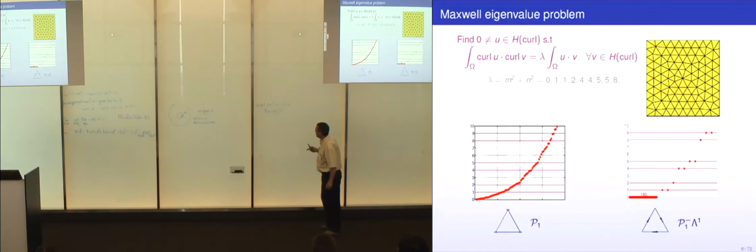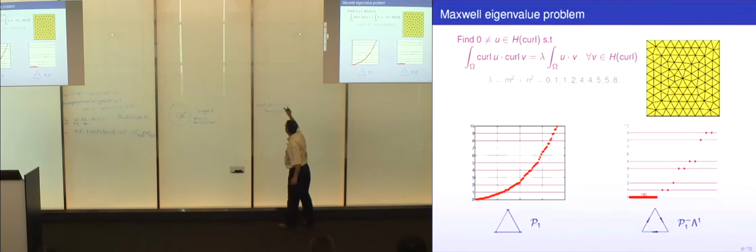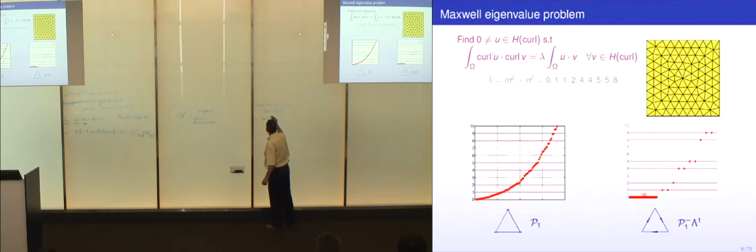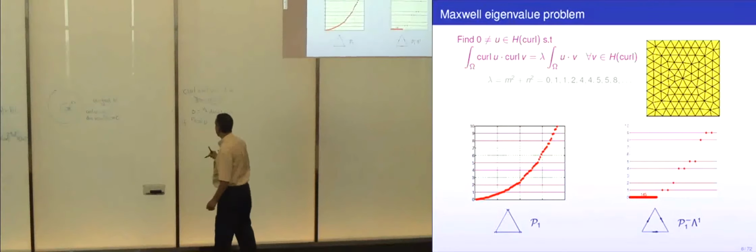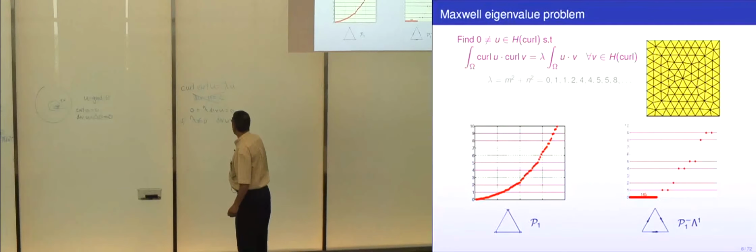Well, the thing is, if you have any solution of this, it automatically satisfies div u equals 0, because you take the divergence of this equation, you get 0 equals lambda div u. So if lambda is not 0, if you have a non-zero eigenvalue, div u equals 0 is implied.